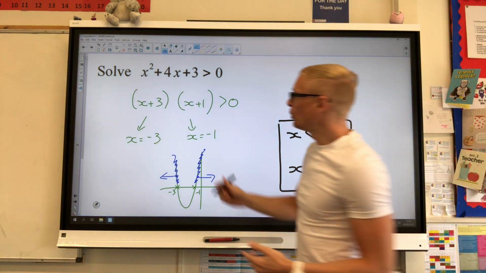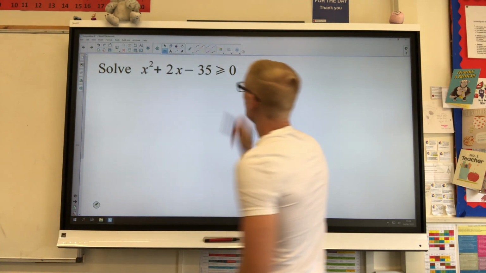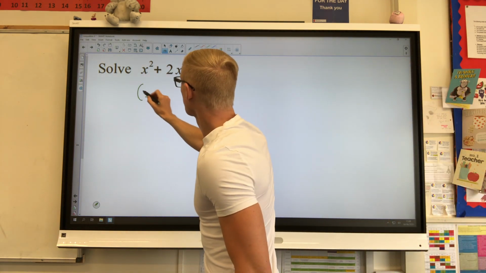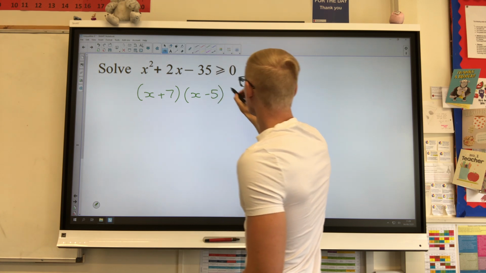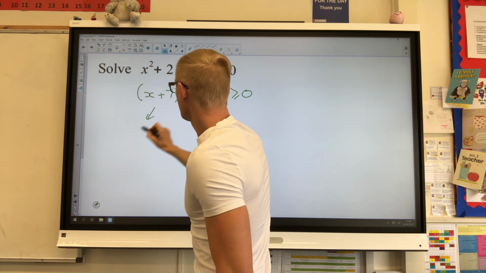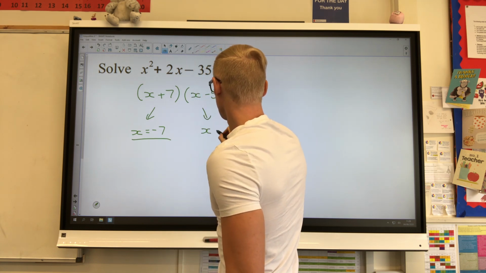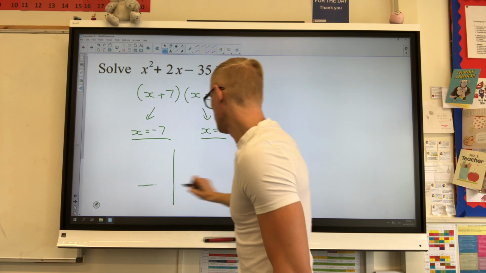And I'll show you another example with greater than as well. So if you look at this one, again, starting off by factorising. Critical values. Like that. Quick sketch.